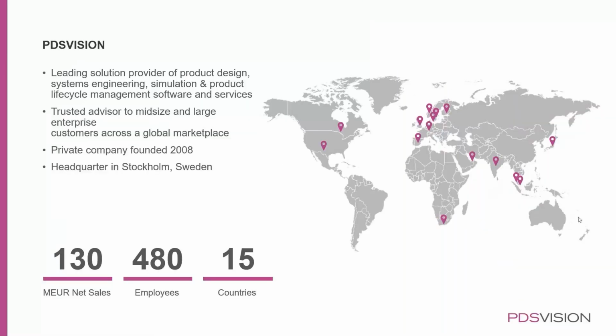As I said, PDSVISION is based in Stockholm. They bought some companies in the UK a couple of three years ago, and we have now all joined together as one company called PDSVISION UK. Offices are based in Cambridge and Manchester. We're a very big global organization. We share resource, and we've got engineers dotted around doing all sorts of CAD, PLM, and simulation tools.